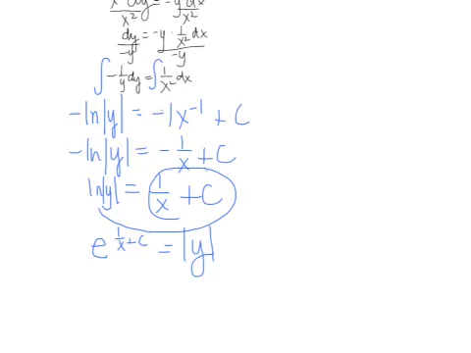And when we remove those absolute value signs, we're going to get y equals plus or minus e to the 1 over x plus c. It is perfectly okay to leave that as e to the 1 over x plus c if we want, but I want you to remember that a rule of exponents is that if I'm multiplying exponents with the same base, I keep the base and I add the exponents.